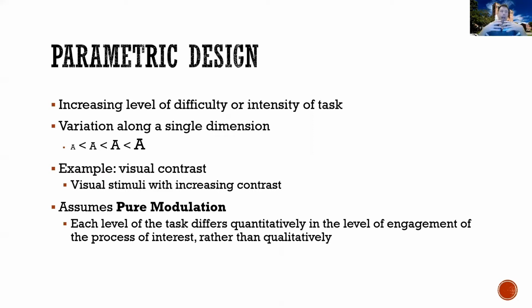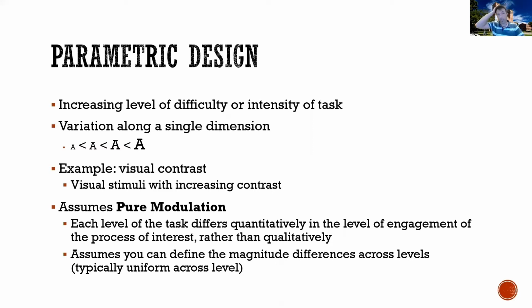So your brain increases quantitatively the amount of processing, but it doesn't change from a qualitative point of view what your brain does. So whether it's a very soft sound or a very loud sound, your brain does the same. It just does more of it for the louder compared to the softer sound. Okay, so this is pure modulation.